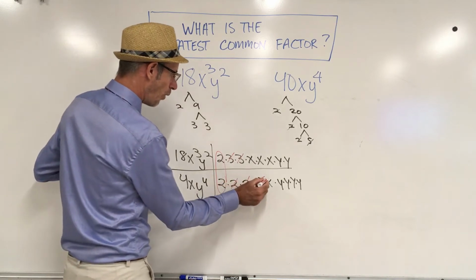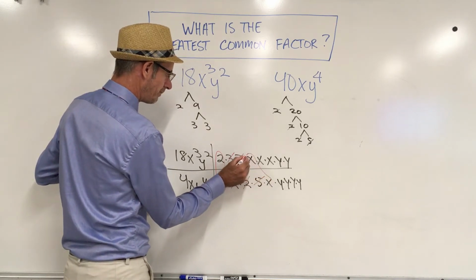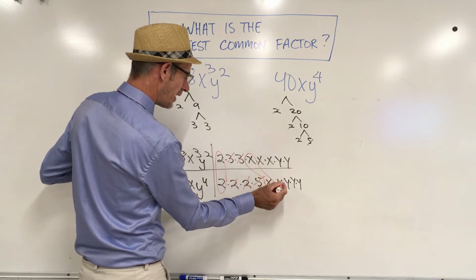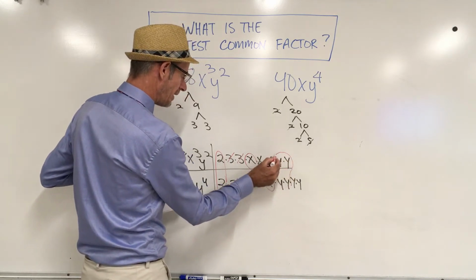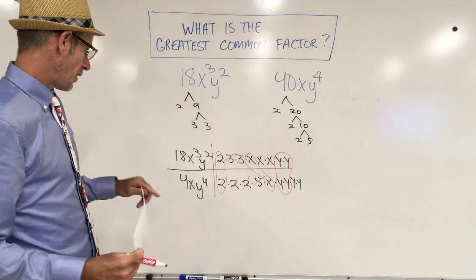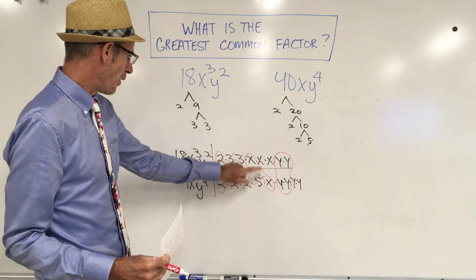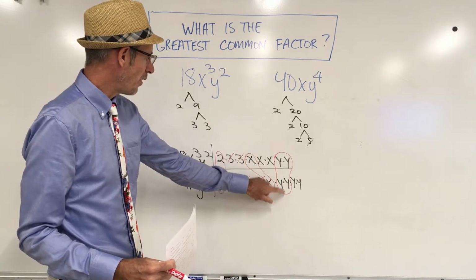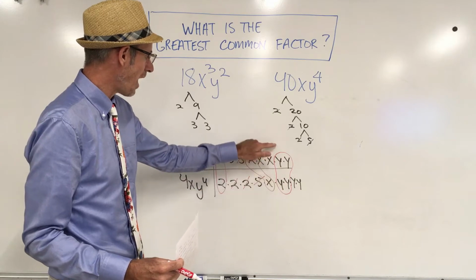There is 1 x in common, and there are 2 y's in common. So these both have at least 1 x, and these both have at least 2 y's.